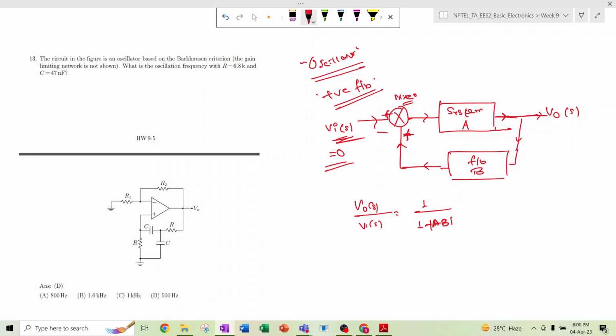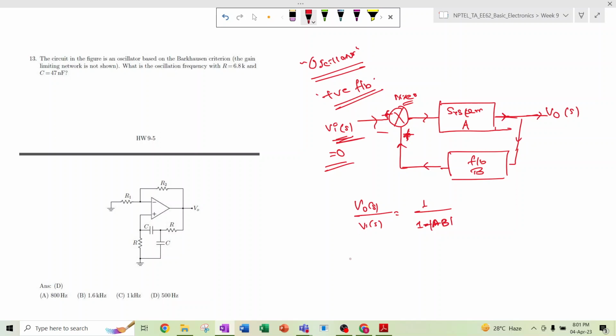As it is positive feedback, there is a negative sign over here, but if it is negative feedback, then it will be a positive sign over here.